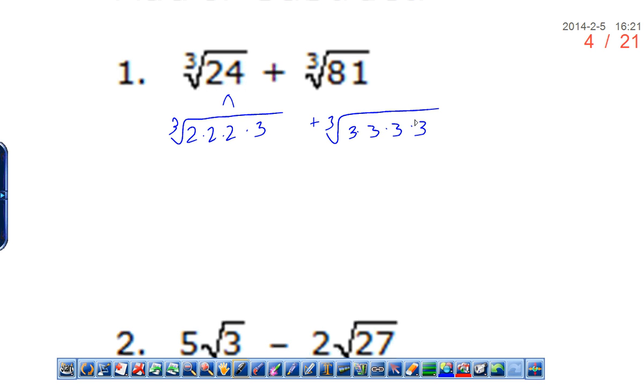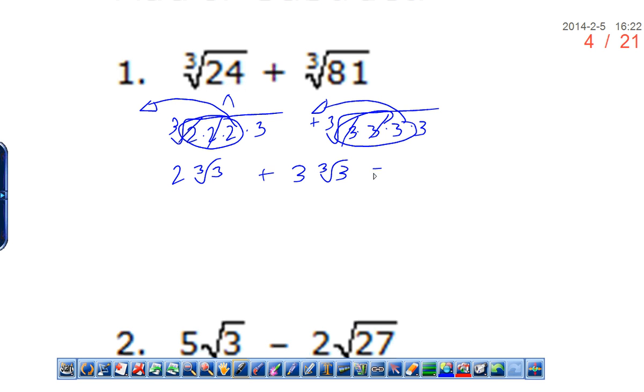I need 3 because that's my index, so I've got a triplet of 3s there. 2 of them go away, 1 goes on the outside. So I got 2 cube root of 3 plus, 2 go away, 1 goes outside, 3 cube root of 3. And what do you know, I got 2 and 3, same radicand, same index. So my answer is 5 cube root of 3.